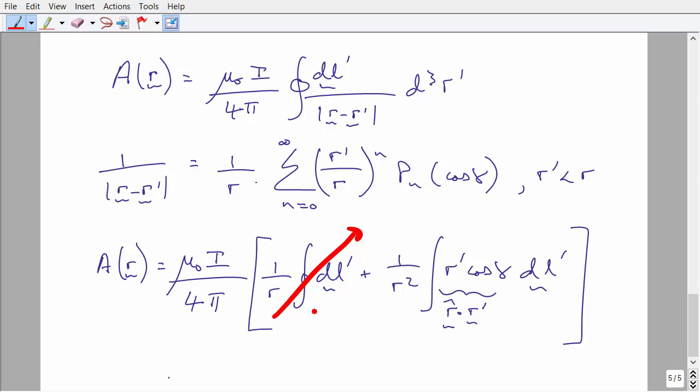Okay, the second term that we've generated here, again, we can write the r prime cosine gamma part as r hat dot r prime. This is the same as in electrostatics. And we're going to use a vector identity. You can look it up and prove it if you like. We're going to rewrite this in terms of the area enclosed by the current loop.